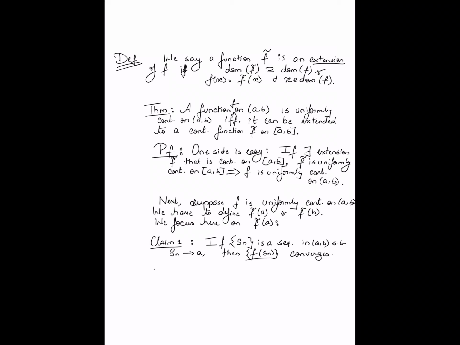This is not all I need. I also have to argue that two different sequences that converge to A should not result in two different limits when you apply the function values, right?